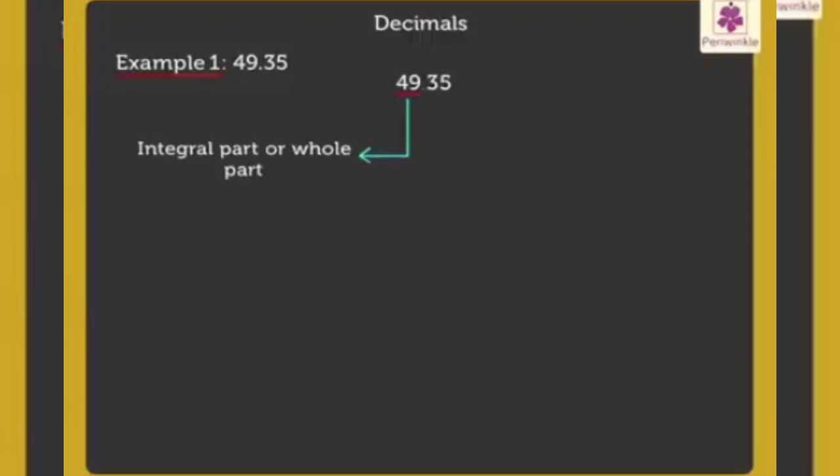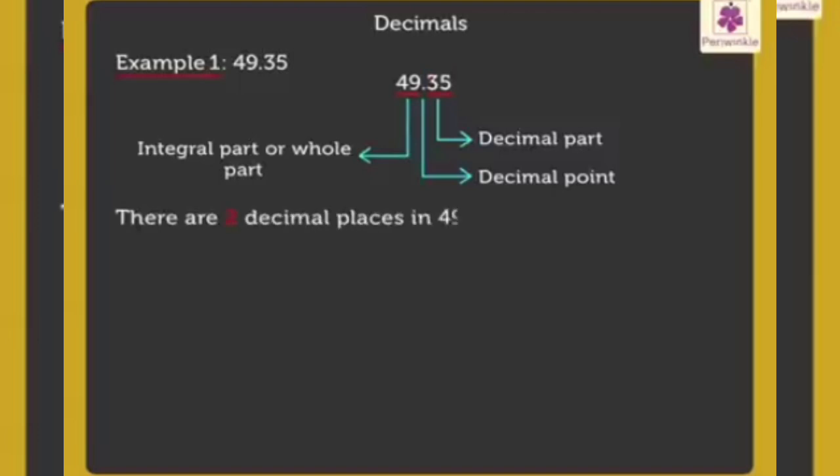The dot in between 49 and 35 is the decimal point. 35 is the decimal part. It is read as 49.35. Look, there are 2 decimal places in 49.35.